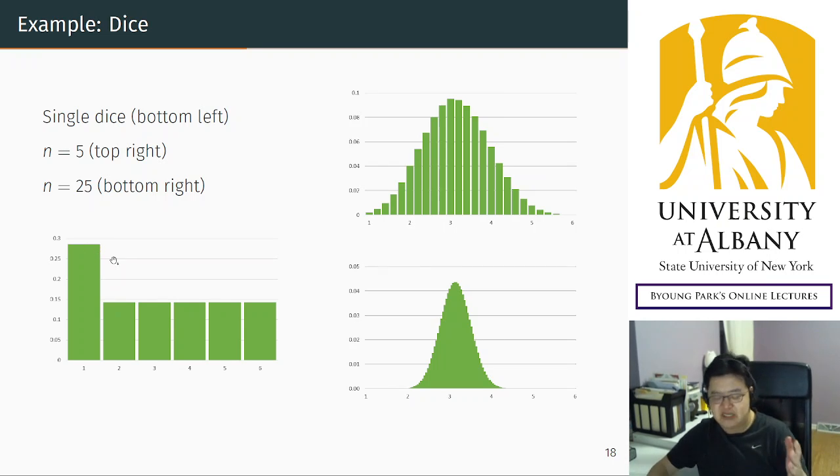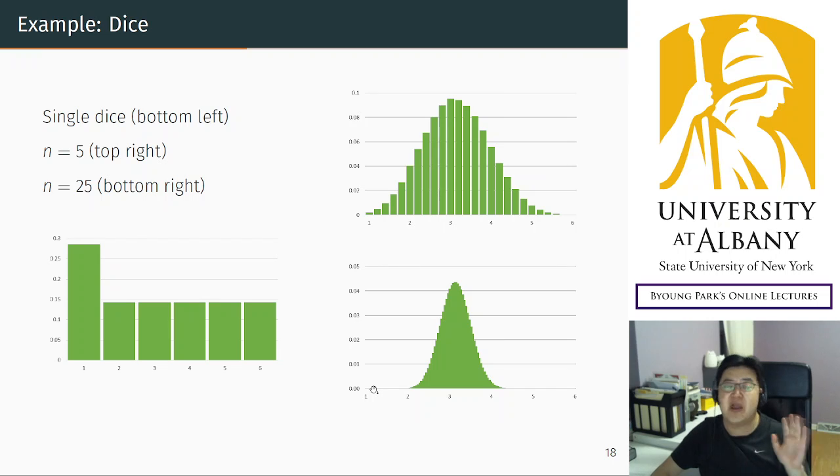Suppose that you have a strange dice like this, and you throw 5 of them and calculate their average. You will get this distribution. This is the sampling distribution if you throw 5 strange dice like this. And if you throw 25, it looks like this.